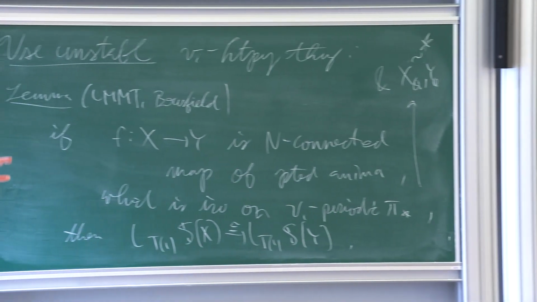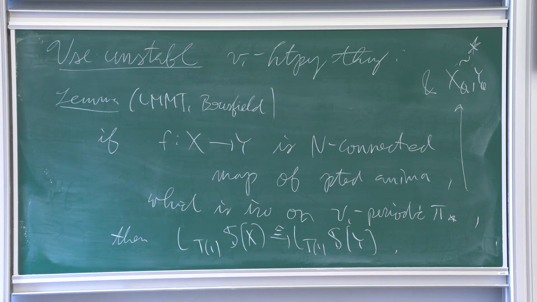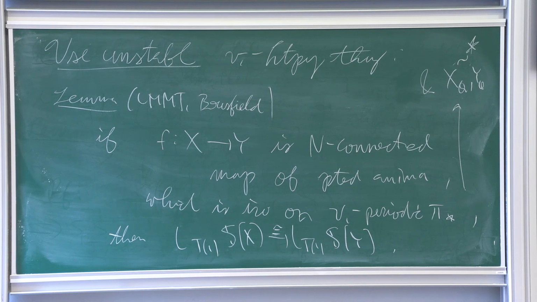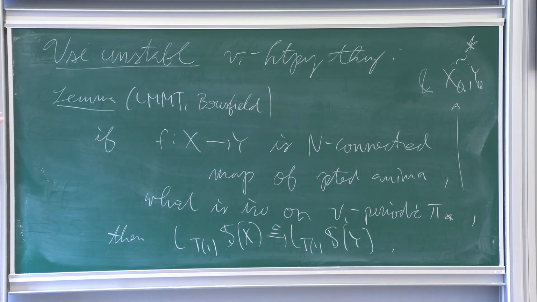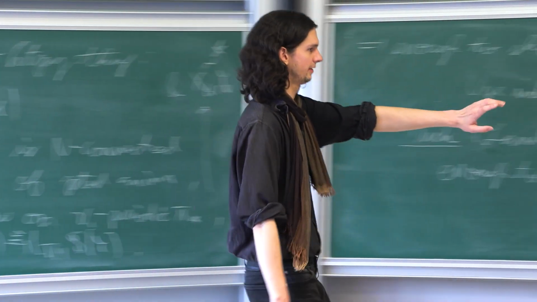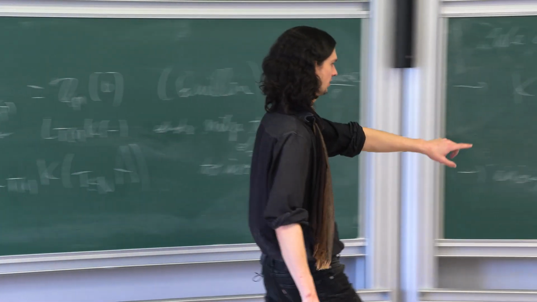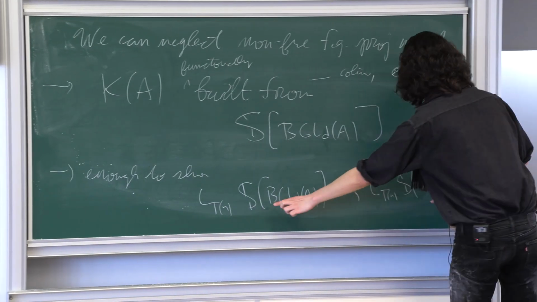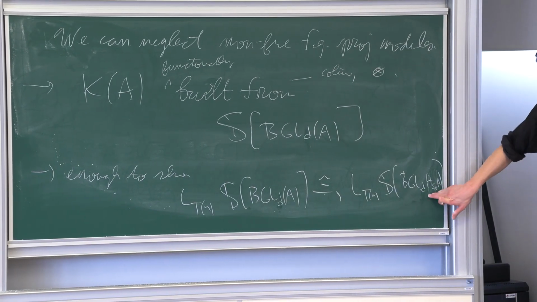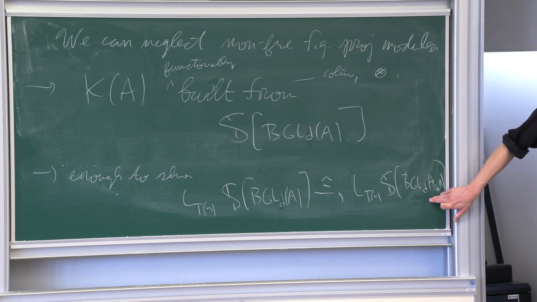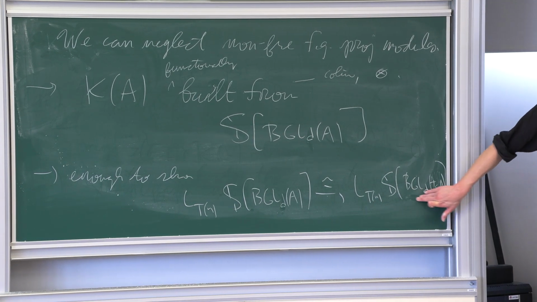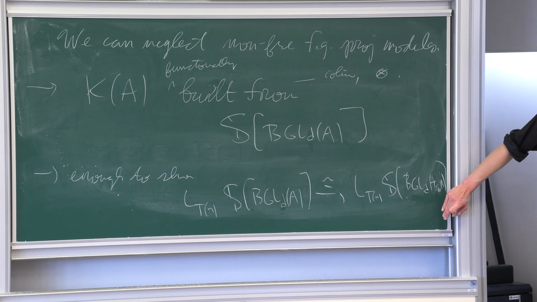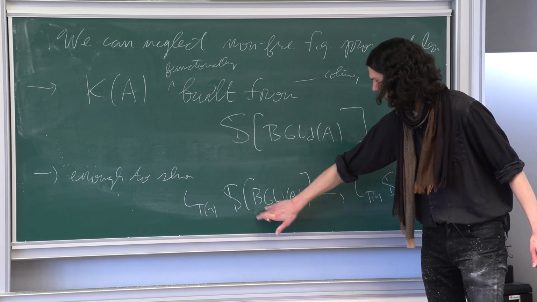Okay, so by this lemma, we only need to show that on V1 periodic homotopy, there's no difference between this guy and this guy. Now this guy is truncated, so clearly the V1 periodic homotopy here is 0. So we need to know the same for this.